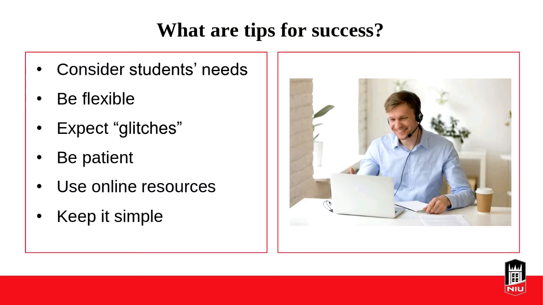Then if something happens with technology, they still have access to the information. Let them know about the online resources and be patient. It's important that we're all patient and kind with each other because it goes a long way in helping us navigate these interesting times that we are currently experiencing.